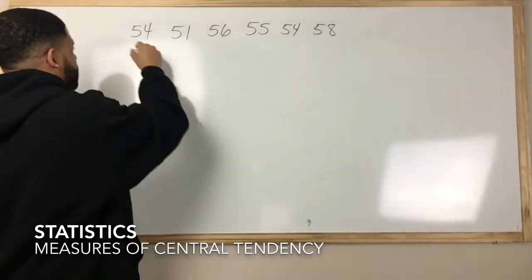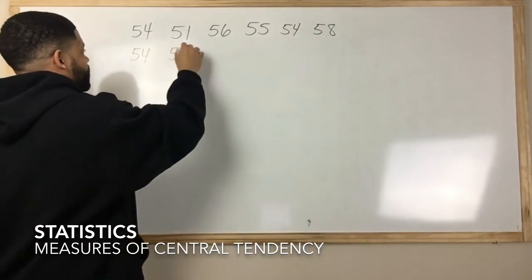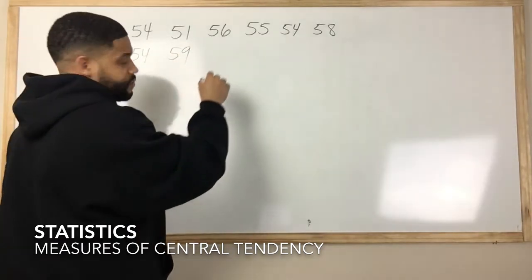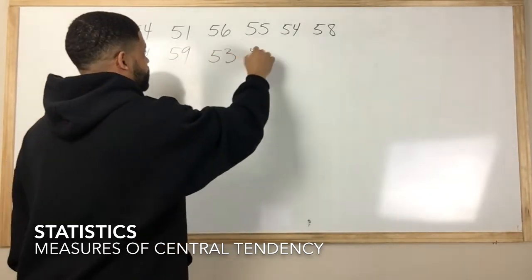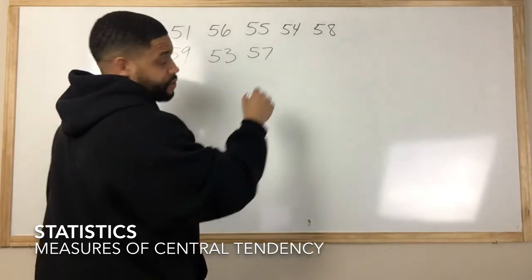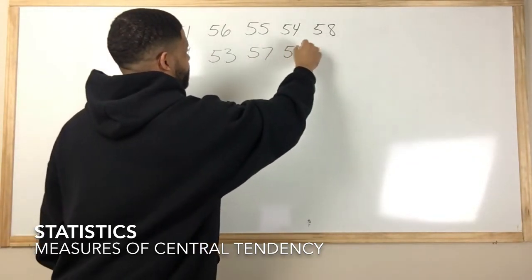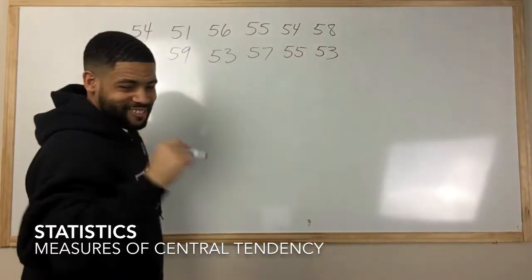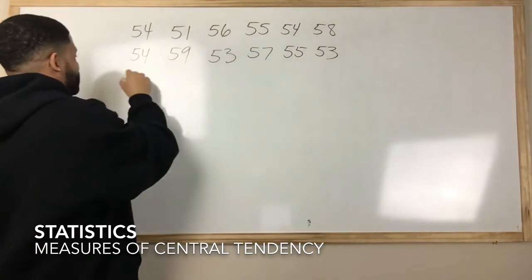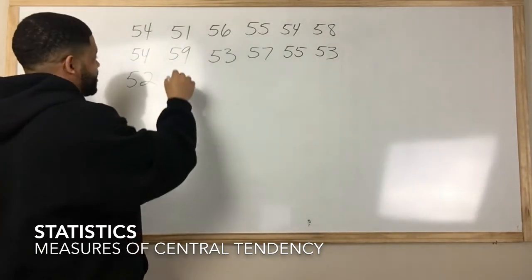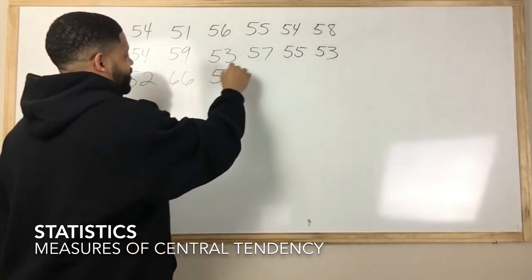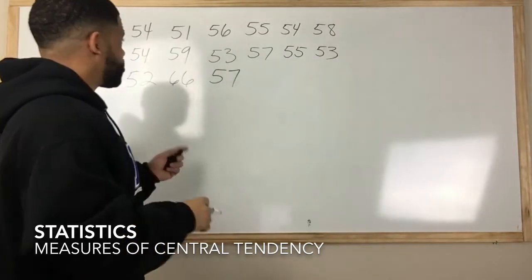We also have 54 again, 59, 53, 57, 55, 53, and 52, 66, and 57. So these are the numbers in our data set.